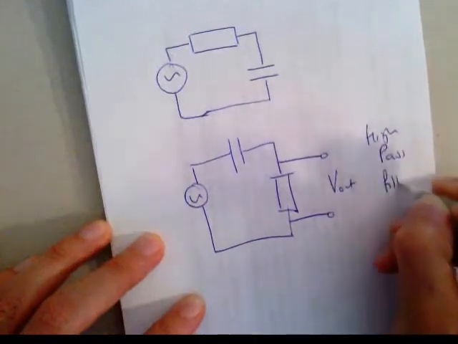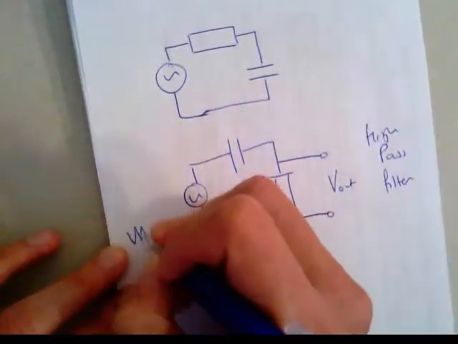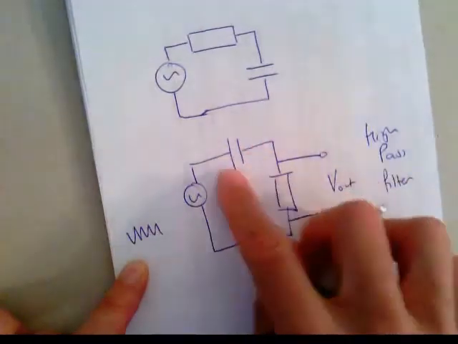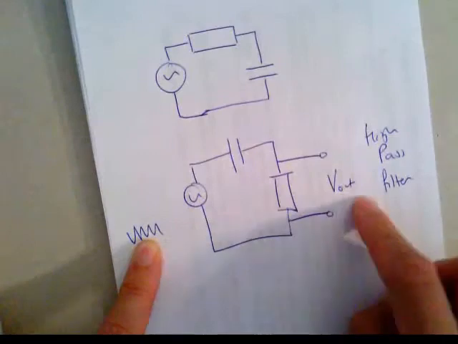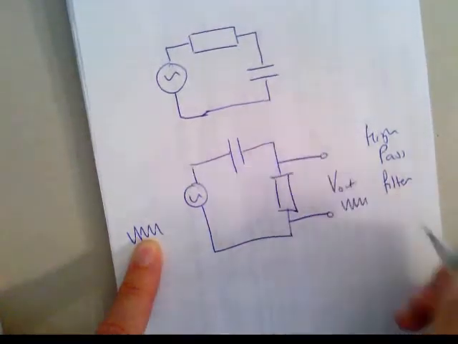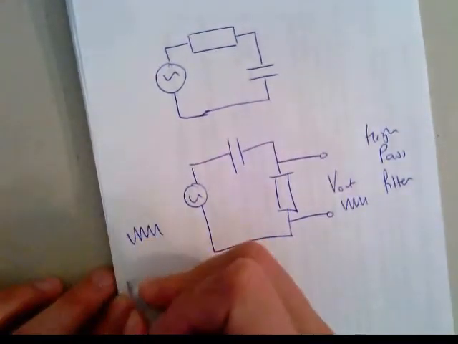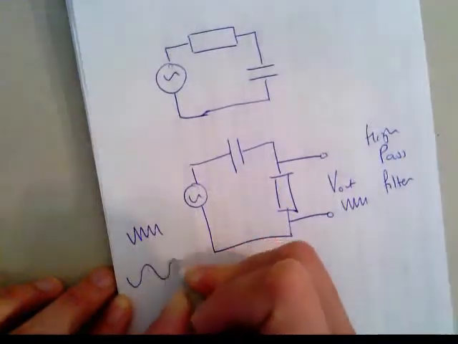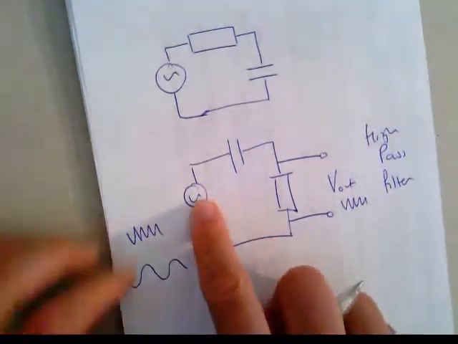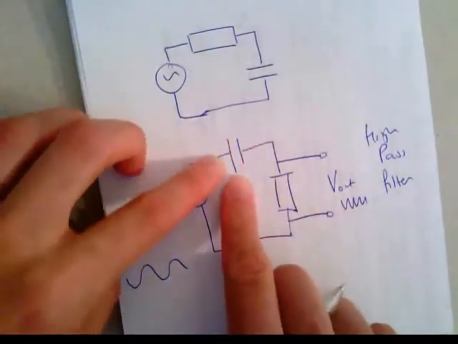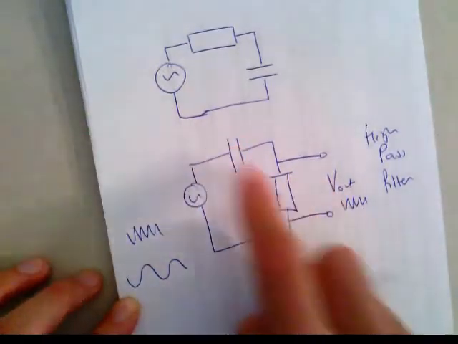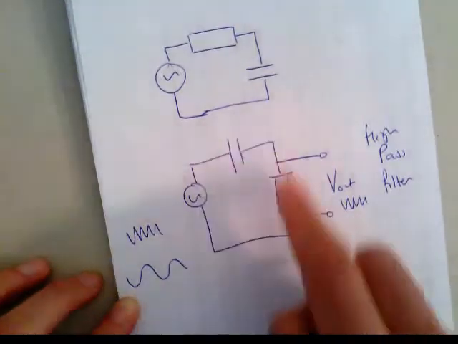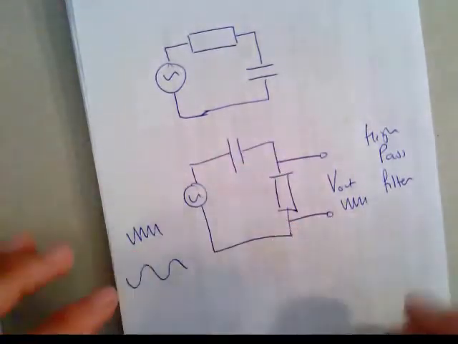This is a high pass filter, because when the signal is very high, the capacitor acts as zero resistance, so you get all of this signal out here. If I put a low frequency signal in, then all of a sudden the resistance here becomes large. So it's the same as having two resistors in series in a voltage divider.